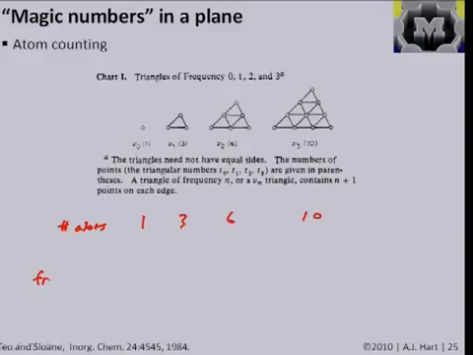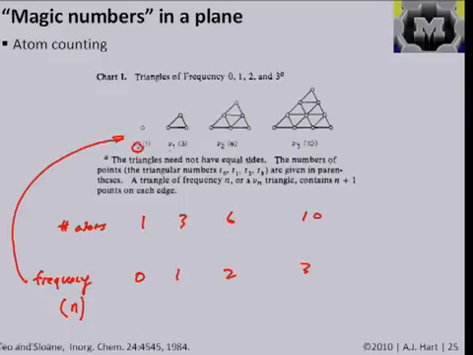And the paper defines small lowercase n as what's called the frequency as being 0, 1, 2, and 3. So you start at 0, and each time you add another, quote, level, another row of atoms in this case, or another plane of atoms if we're in 3 dimensions, you step up by one number.